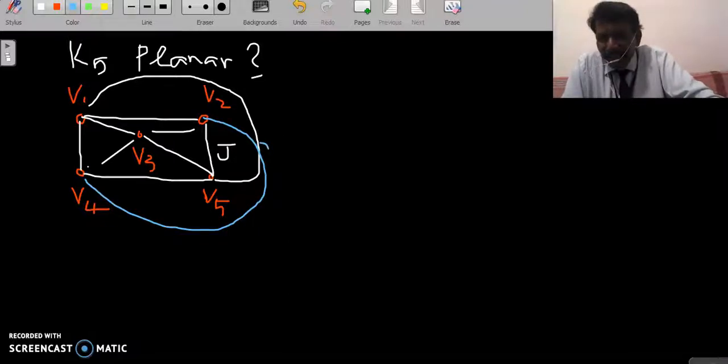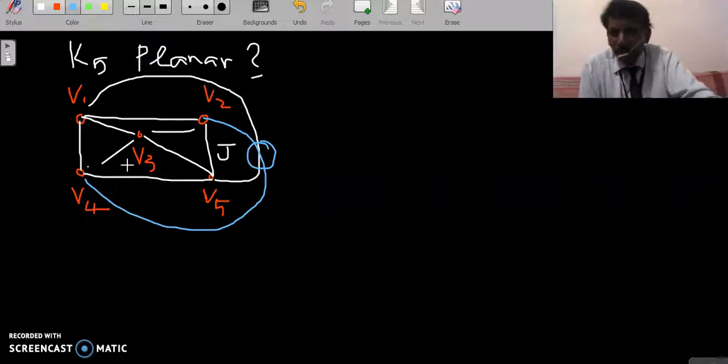Here is the intersection. So if we take this as a planar graph, there is a contradiction, because the two edges joining V1 and V5, and V4 and V2, are intersecting one another.